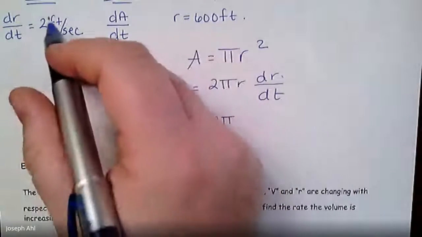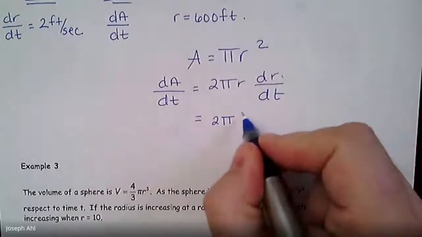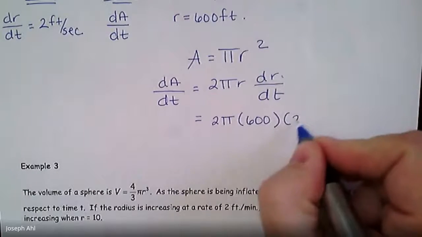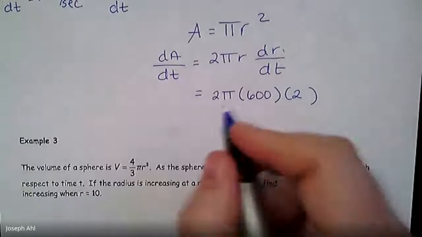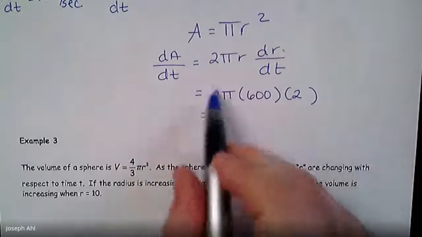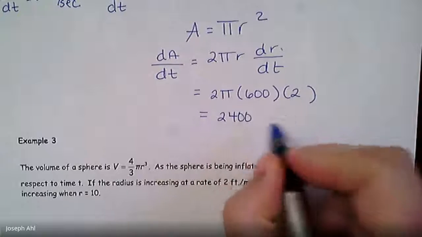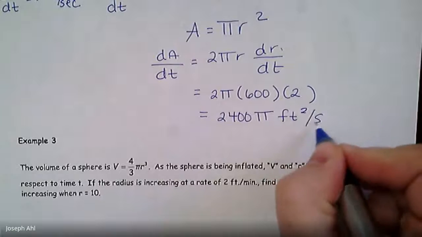We are given that dr/dt is 2 feet per second, and we want to know what's happening when the radius is 600. So if you simply plug those 2 pieces of information in and multiply it all out, we get that the area is changing at a rate of 2400 pi feet squared per second.